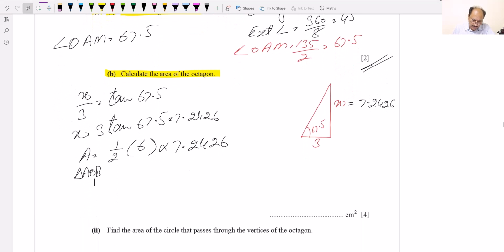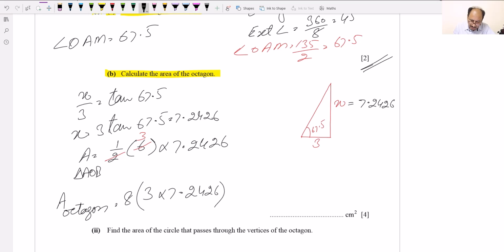Now we will be calculating this, and this will be the area of the octagon. Area of the octagon will be equal to 8 times, because there will be 8 triangles, so 1 by 2 into 6 we can simplify, this will be 3. We can cancel this and we'll get 3 here, and we'll write 3 into 7.2426.